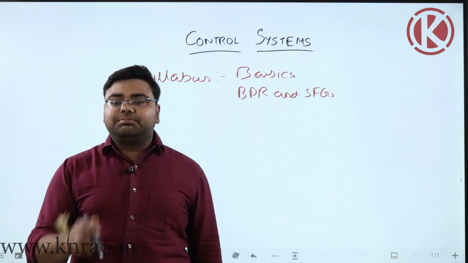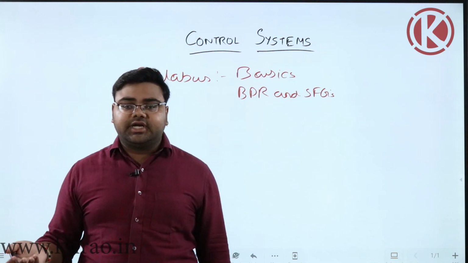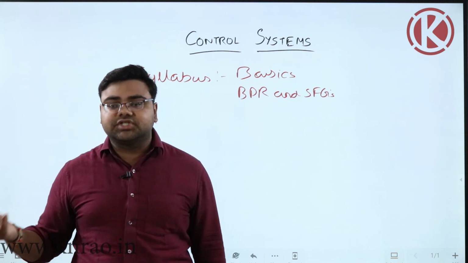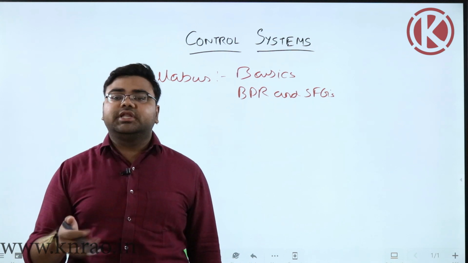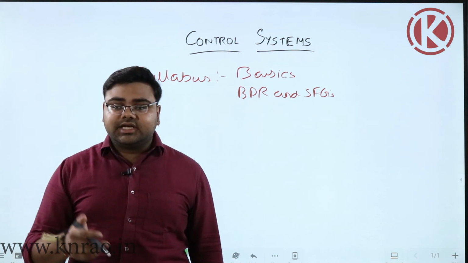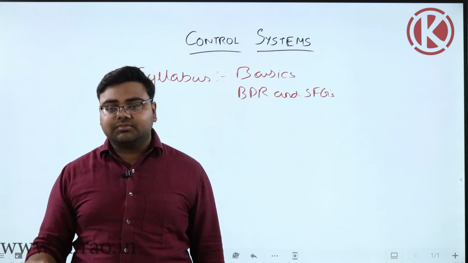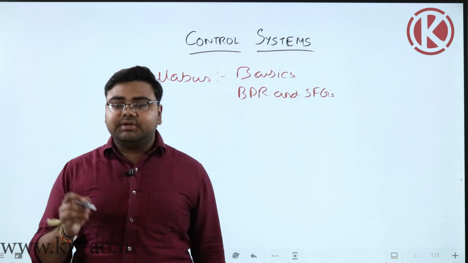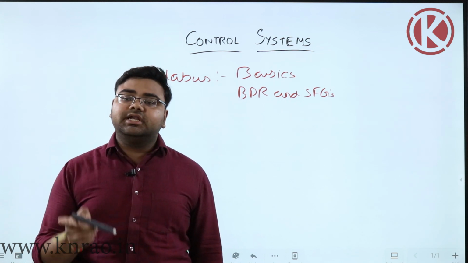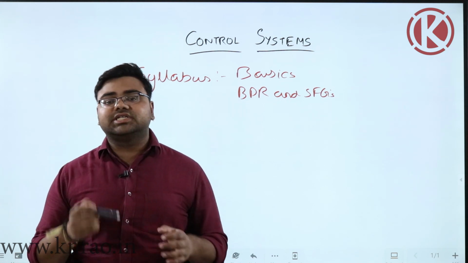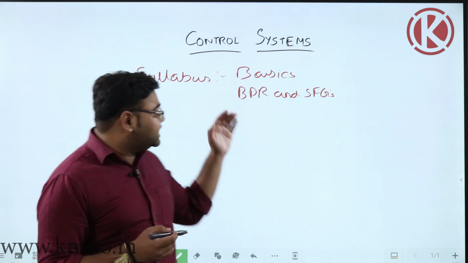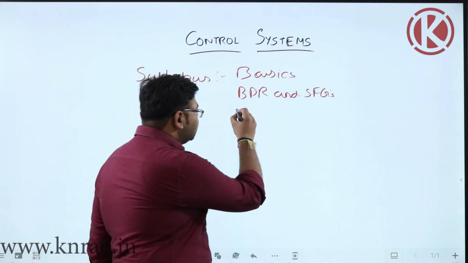Each time using Laplace and deriving the output is not a good idea. If you have some standard first order system, you know the output, then you know its behavior very easily, right? On similar lines, you have some standard second order system, you know the behavior. All of these should be done, and these will be done in a type of analysis called time domain analysis. So the next topic after this will be time domain analysis.